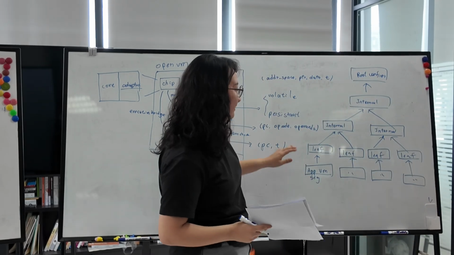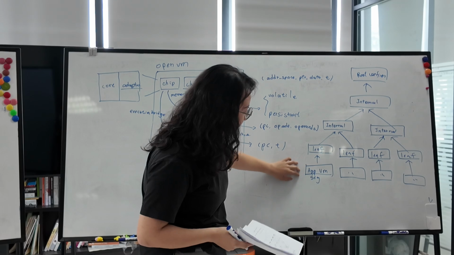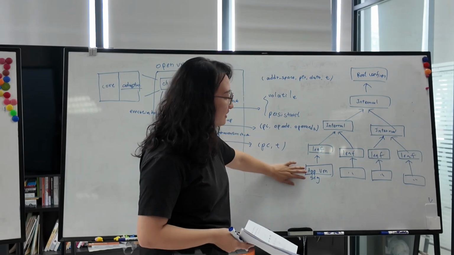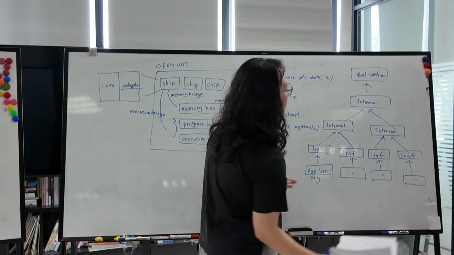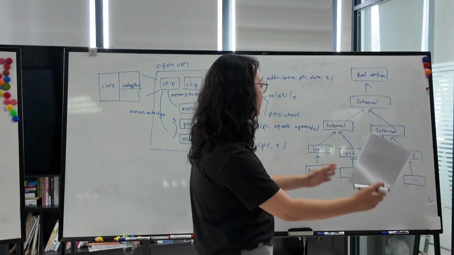Okay, so on the first layer, we have this application VM segmentations. So it's the unbounded program we want to prove, and then it's cut into segments.